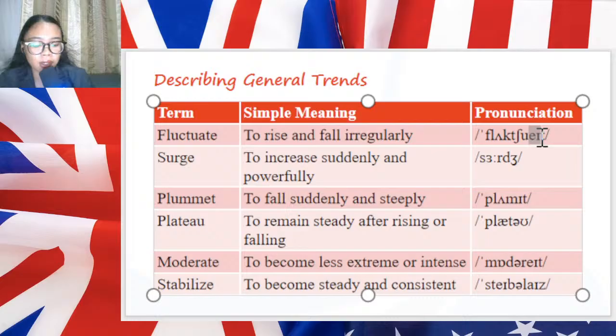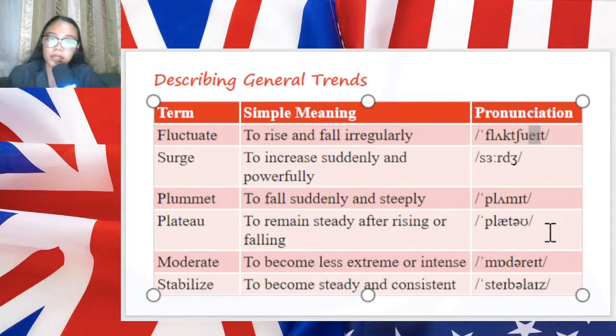In here, the diphthong sound that it creates is A, the combination of letter E and E. So A. Again, A in 8. When we put it together, we get fluctuate.